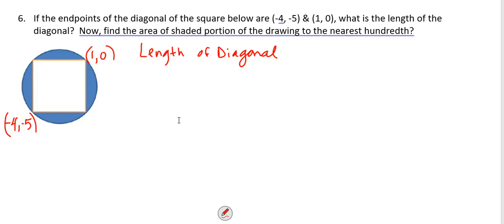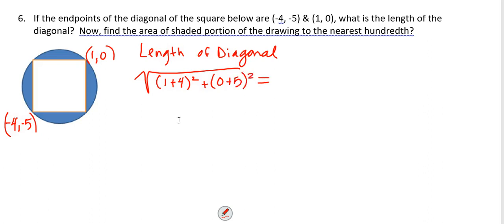is going to be, again, I'm going to make the negative 4, negative 5, x1, y1, and then I'm going to make the 1, 0, x2, y2. So I got 1 minus the minus 4, so that's going to be 1 plus 4 squared, plus 0 minus the minus 5, which is going to be plus 5 again squared.